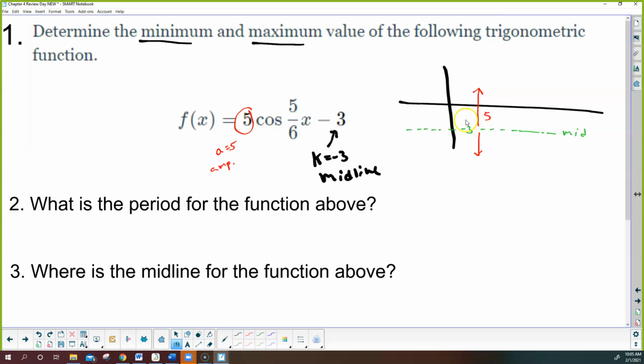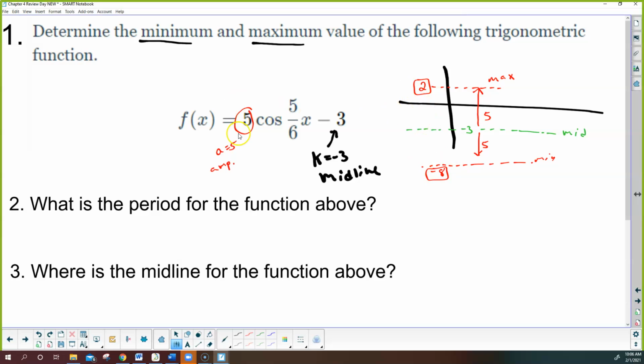So the question then is, where is the min and max? We're 5 above this, so what is that? Well, if I take -3 and I add 5 to it, that puts me right at +2. And then what if I'm at -3 and I subtract 5? That puts me at -8.